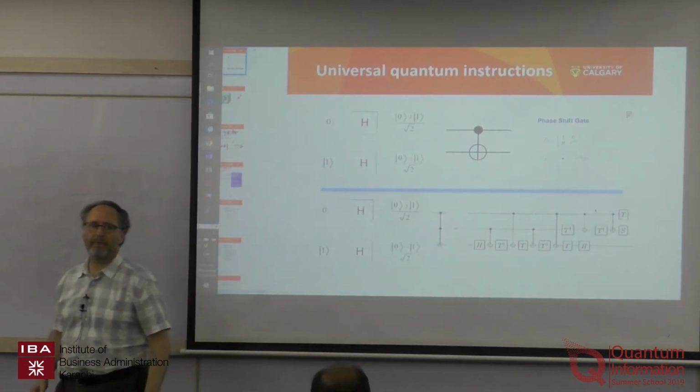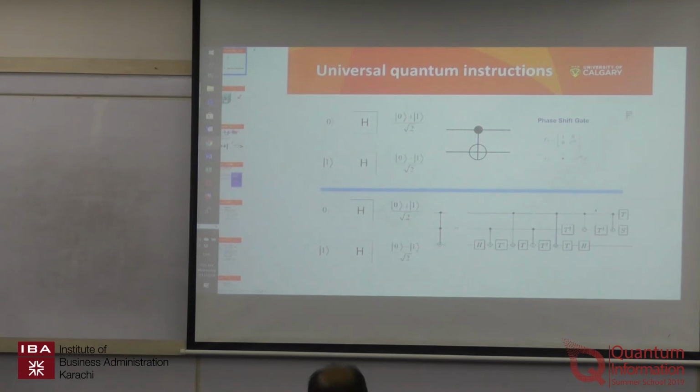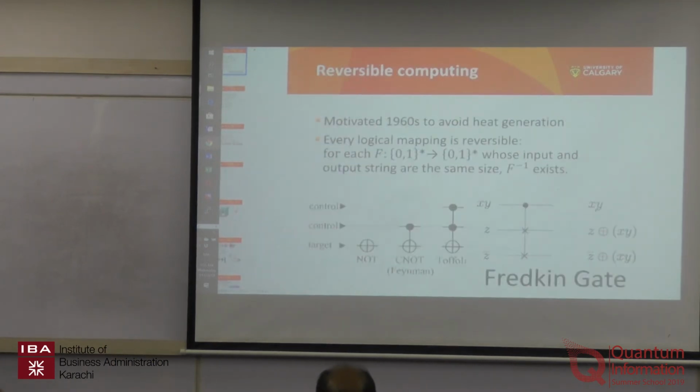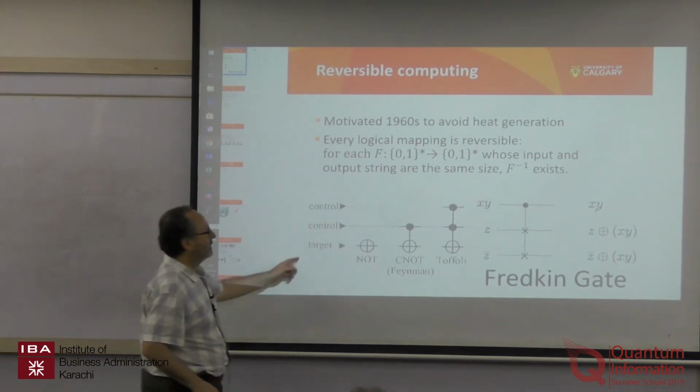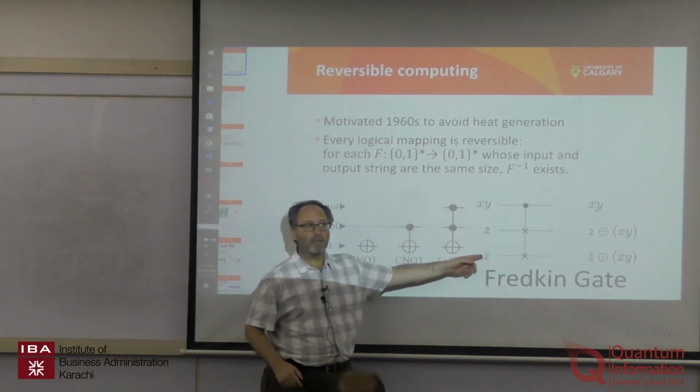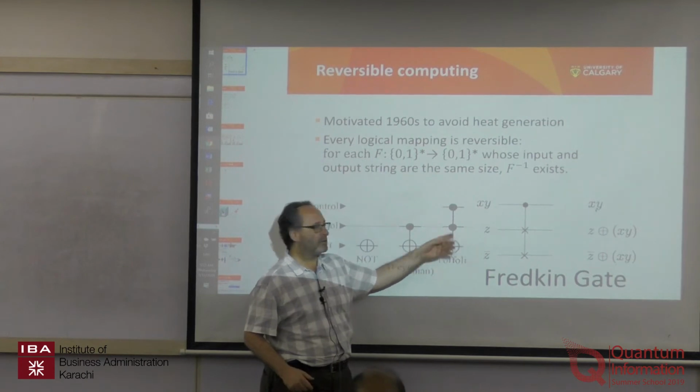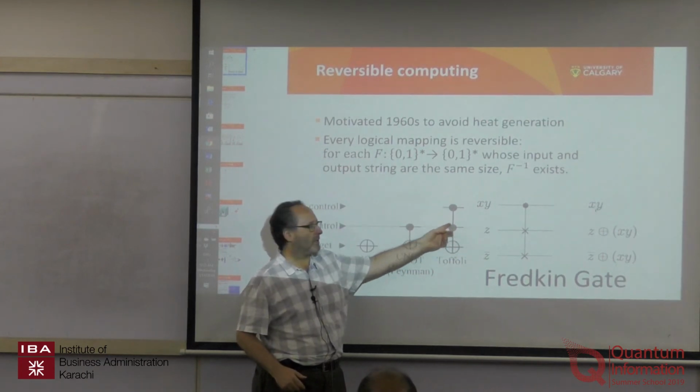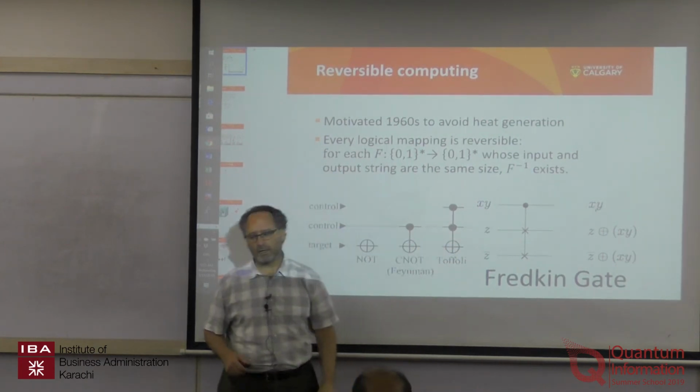Remember I told you that in reversible computing, the Toffoli gate is universal? I told you could have a Toffoli gate or a Fredkin gate. Each one would be universal. We can make a reversible circuit using Toffoli gates.